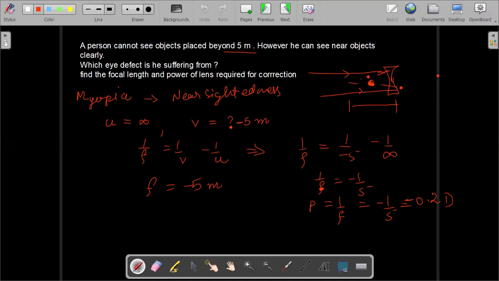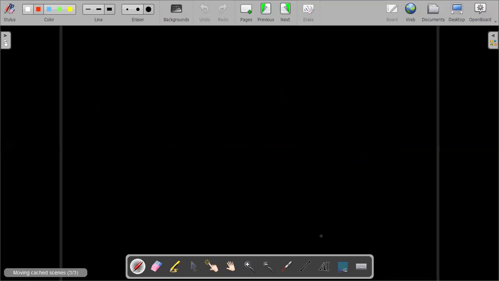So you can understand for myopia, the shortcut can also work. The shortcut is that whatever is given as your far point, that you can take as the focal length. So now your power is negative. Let's do another one.